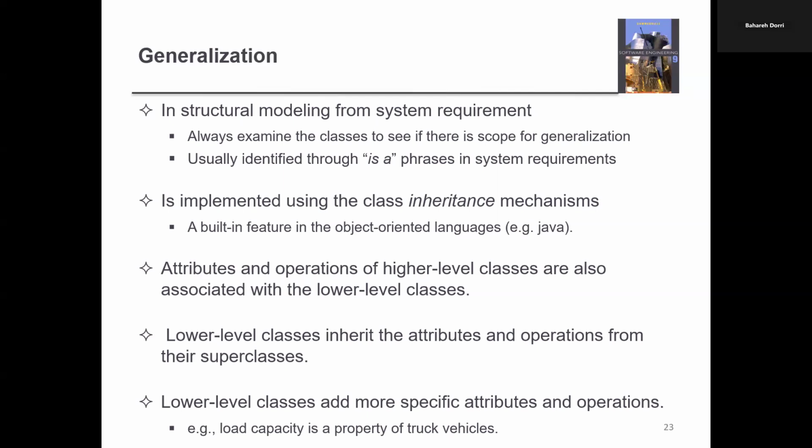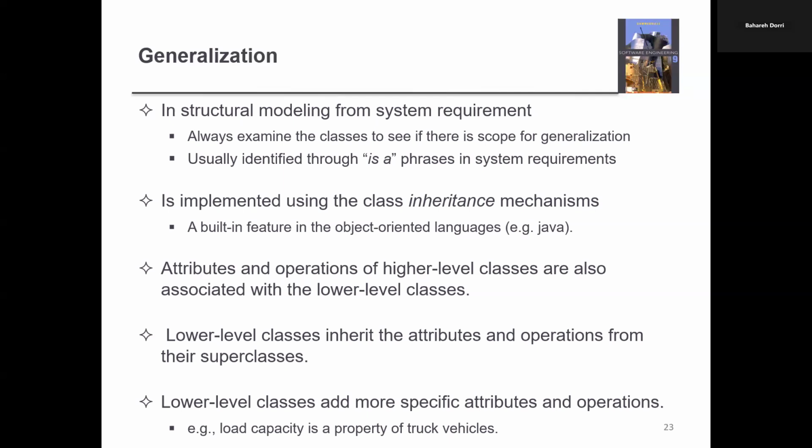It lets us define common attributes and behaviors once in a base or parent class and reuse them in subclasses. So if we have a general class like vehicle and subclasses like car and truck, we can define shared attributes like engine power, fuel type, or max speed in vehicle, and they all automatically apply to all vehicles.